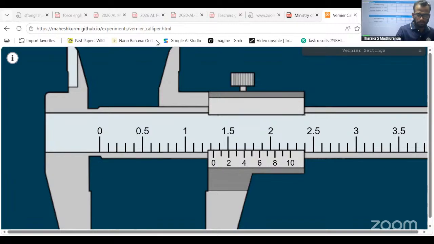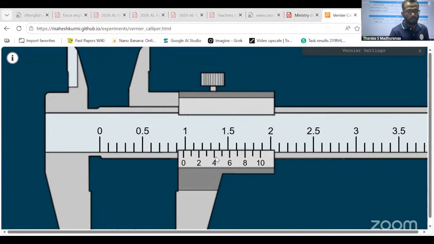There are only two others. Good. All are correct. The main scale value is 10 millimeter, 11, 12, 13. The coinciding value is 3, then 13.3 millimeter. Good. 13.3 millimeter.